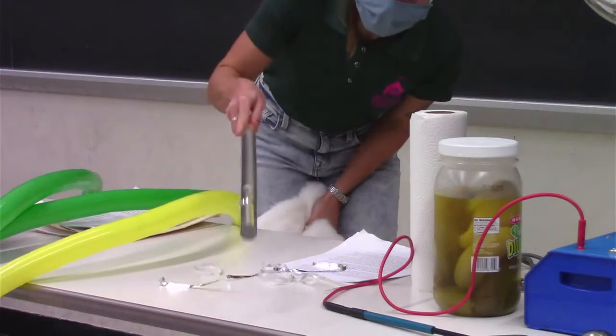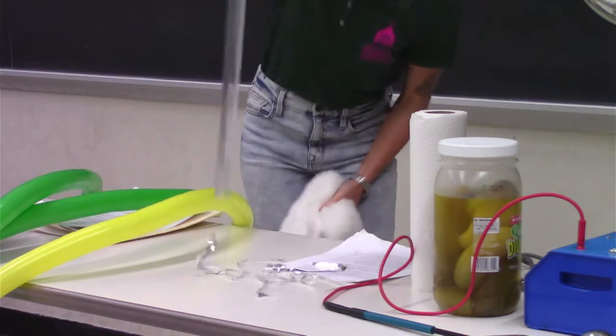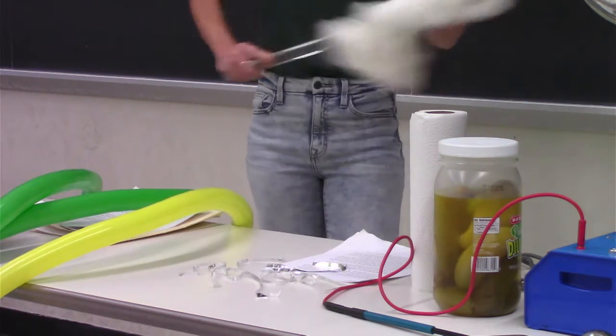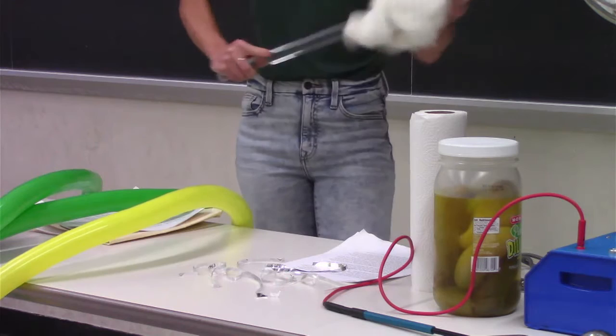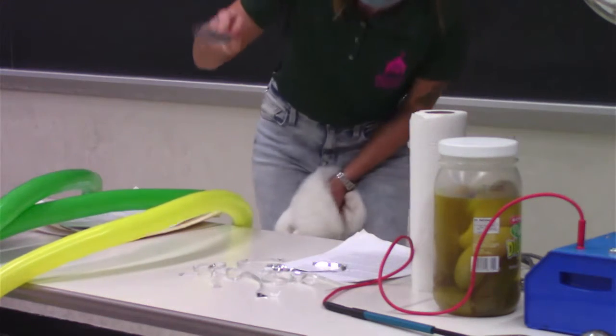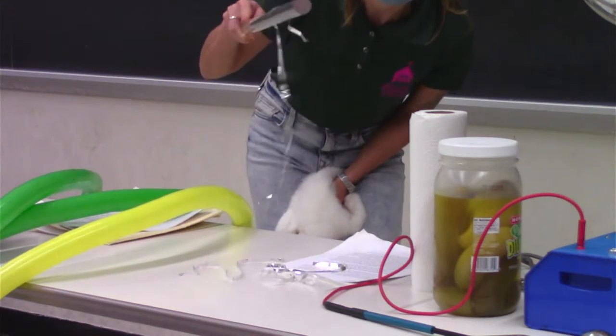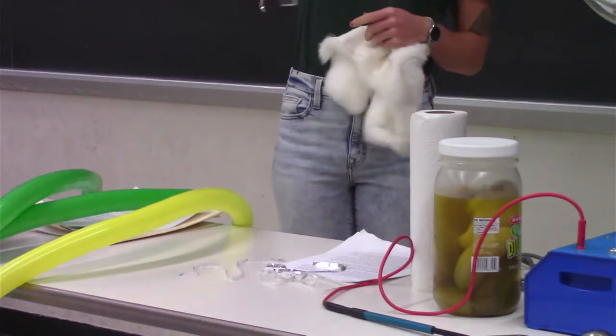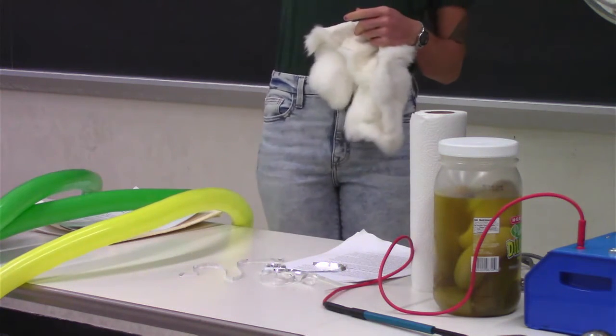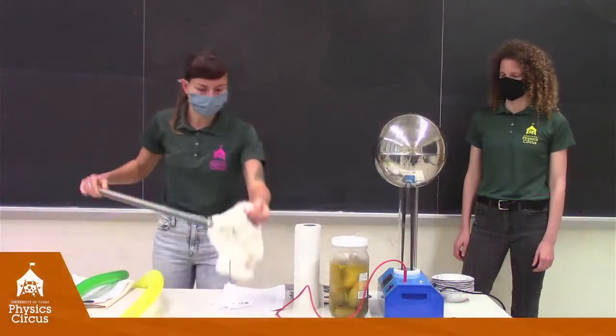And let's see. Oh, did you see that jump? Let's try that again. What's happening here? Think about what's happening with the charges. Wow. Okay, so this tinsel is very attracted to this rod. Why is that?